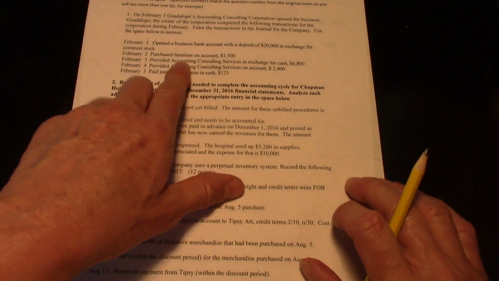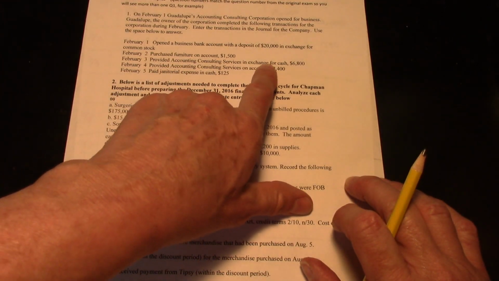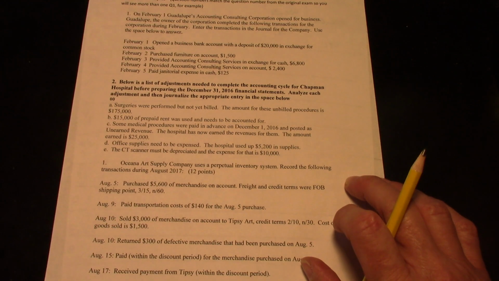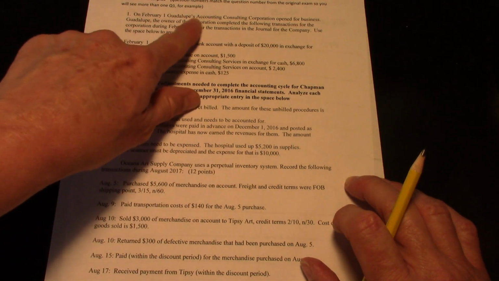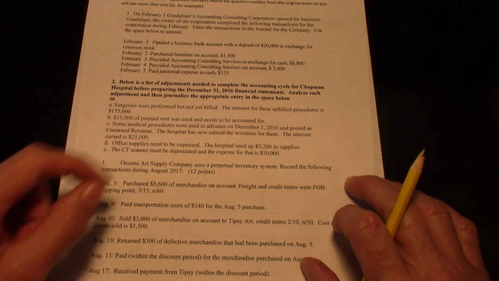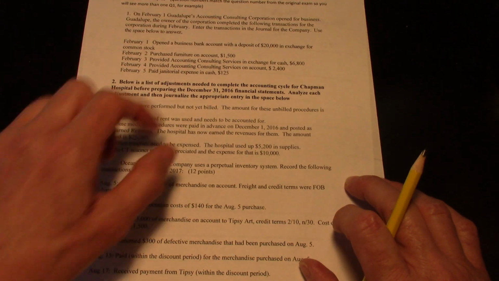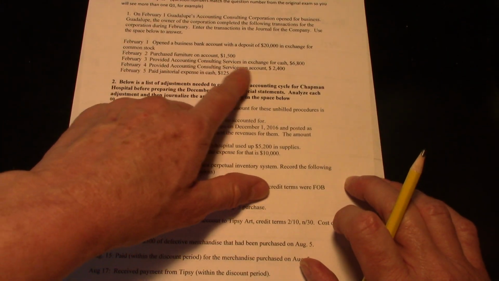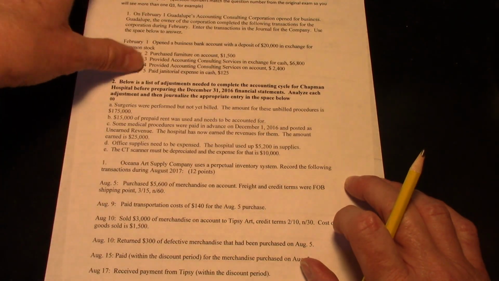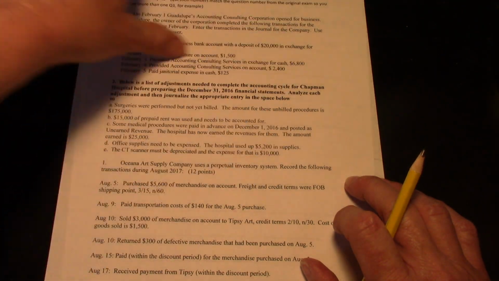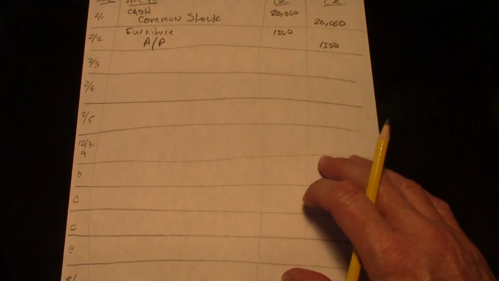Next, provide accounting consulting services in exchange for cash. So we earned some revenue. That's what we do, we're an accountant consultant corporation. We did our job, so we've earned revenue. So we increased cash, and it's $6,800.